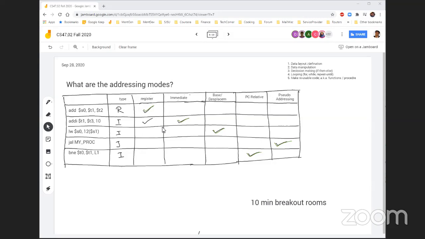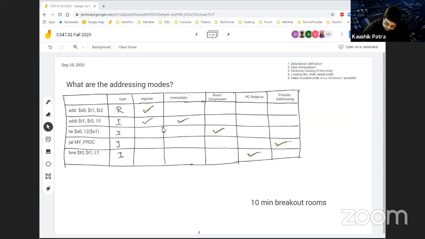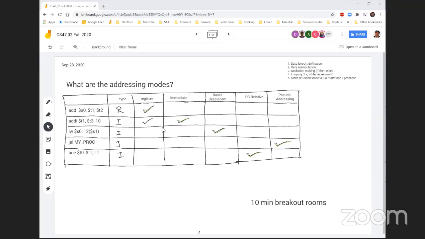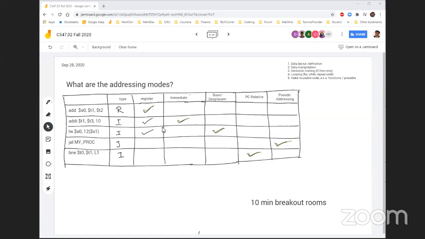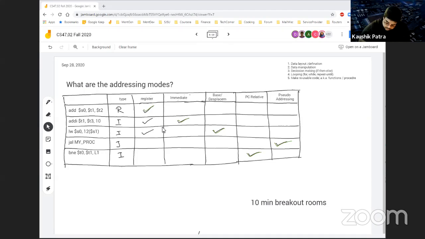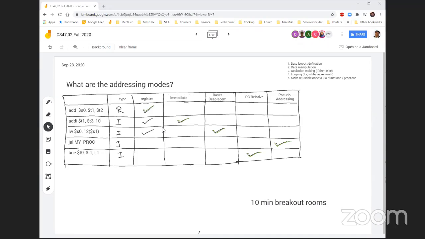Okay, so how about the load word, the next one? Both register and displacement addressing. Okay. How about the next one? Just pseudo addressing. Okay, and how about this BNE? Both register and pseudo addressing, I think.